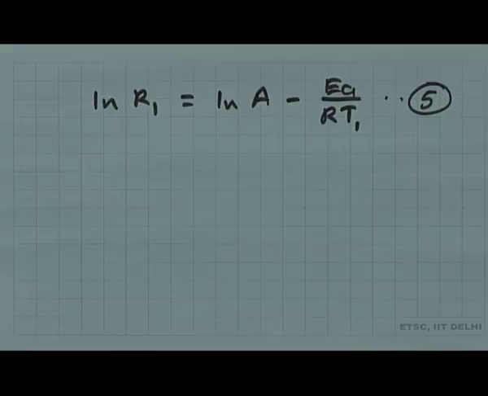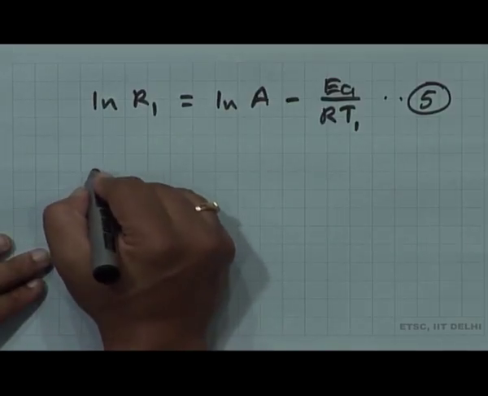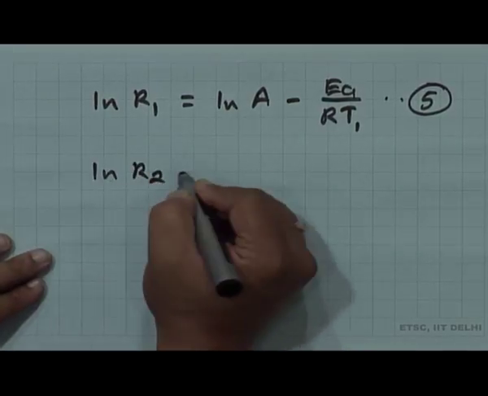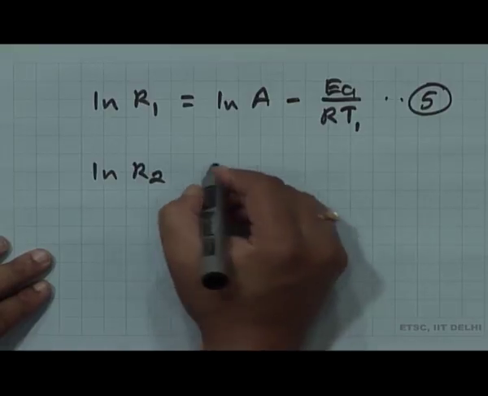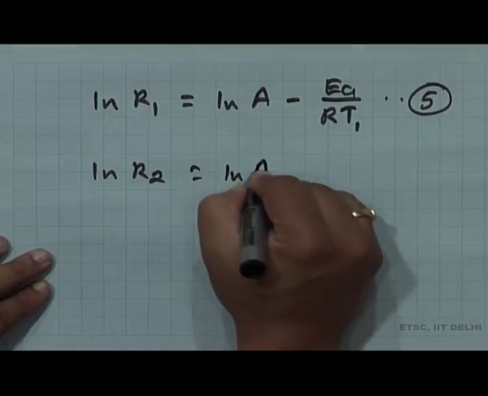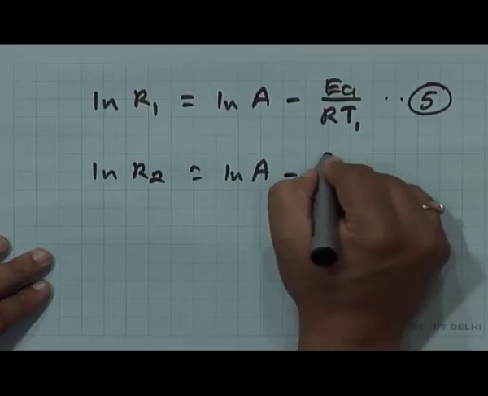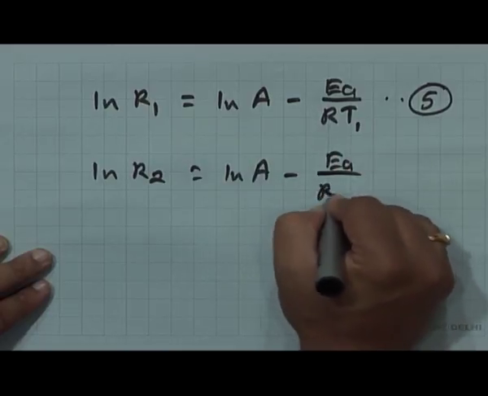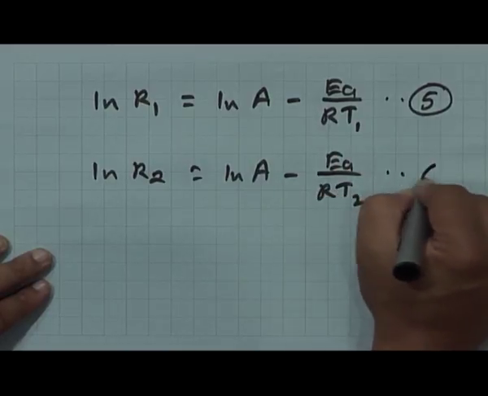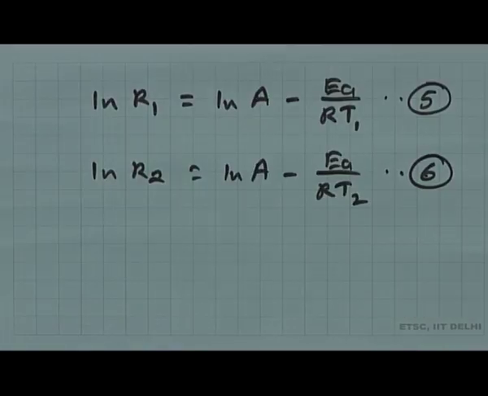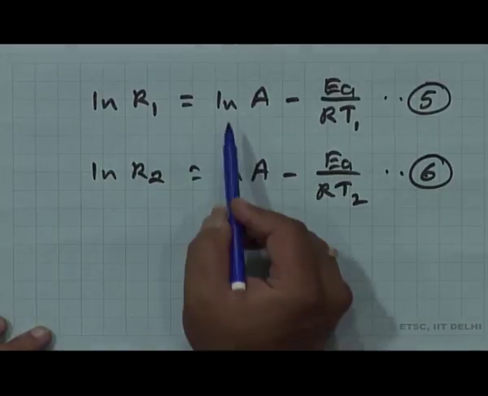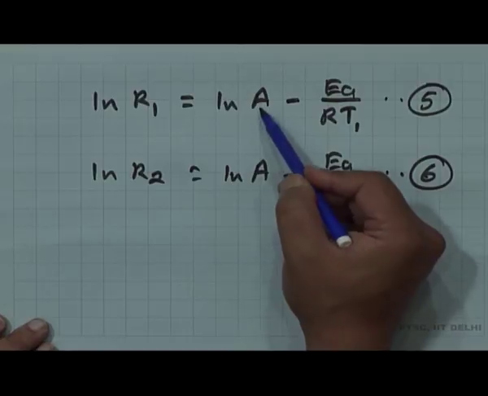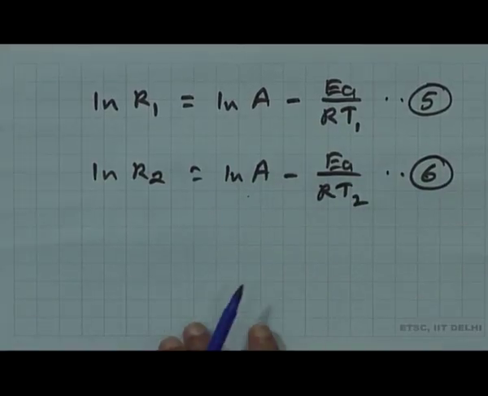5. Next, natural log of K2, which is the rate constant at temperature T2, is equal to ln A minus Ea over RT2. This is 6. Again, please see that both ln A and Ea have been kept the same.